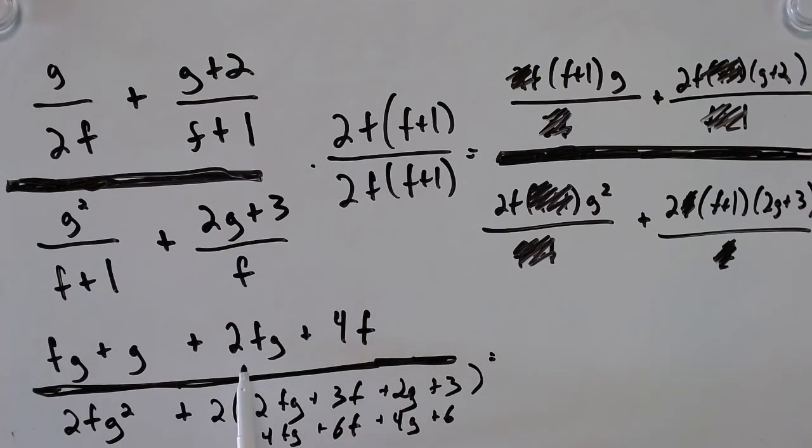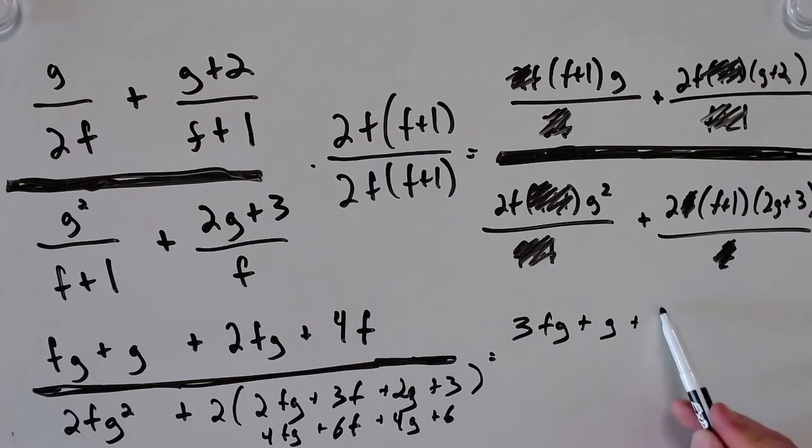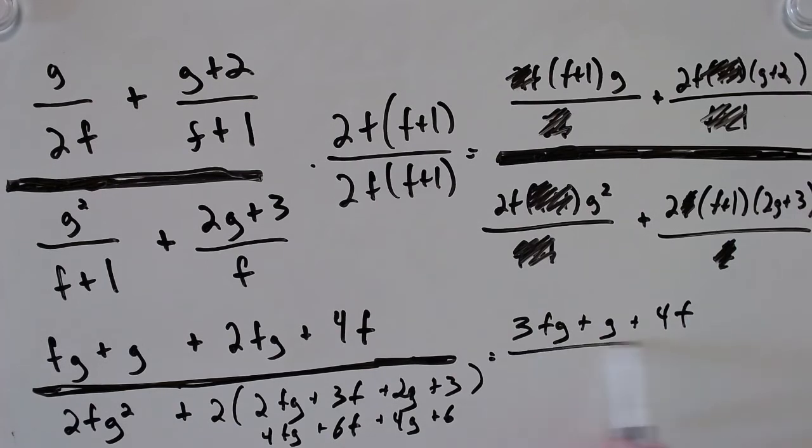We have an fg and 2fg. So that's 3fg plus a g plus 4f all over this mess. Let's take a look here. We have fg's, an f, a g, a 6, and an fg squared. So we can't combine any of those terms.